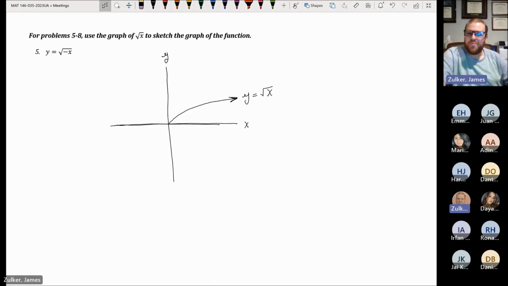So I think you're doing too much. Since the original function is root x, wouldn't this be f of negative x?